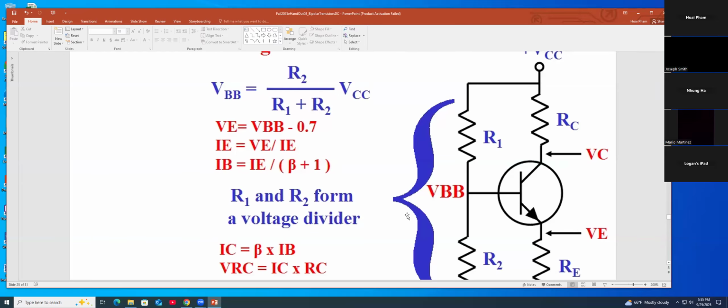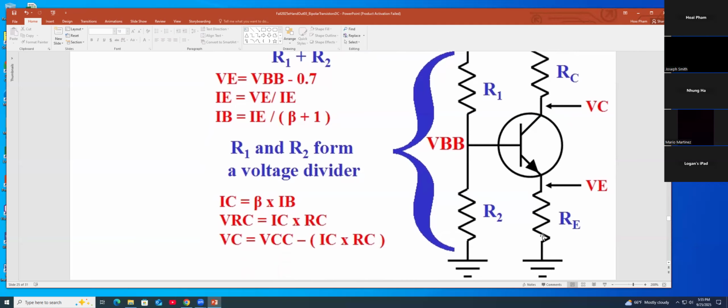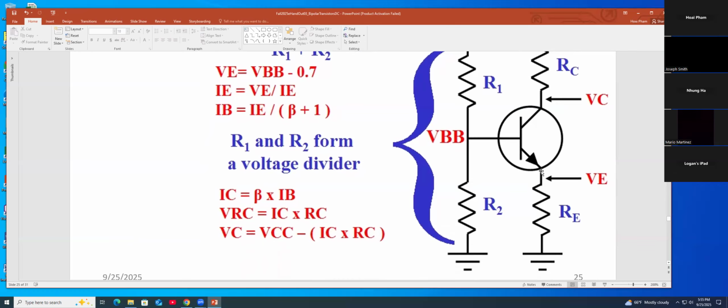And after you get the VBB, VE, that means from the emitter to the ground. The difference between VBB and VE is the diode, 0.7 volt. So VE equals VBB minus 0.7. That's how you get VE.